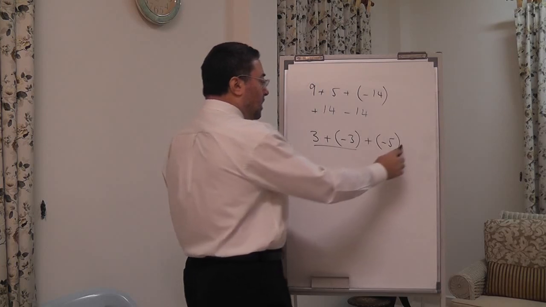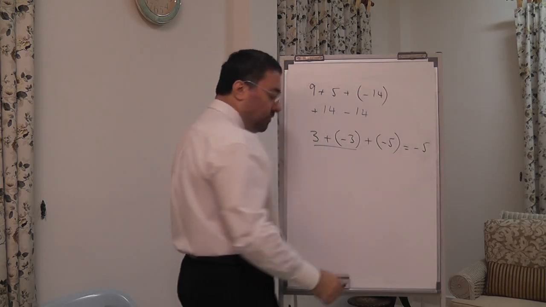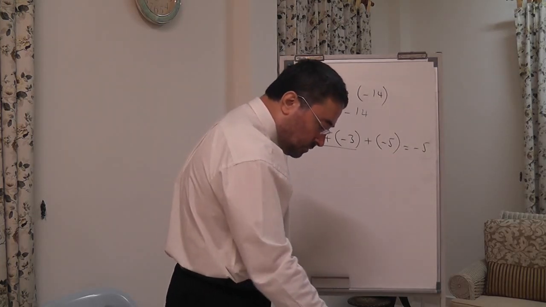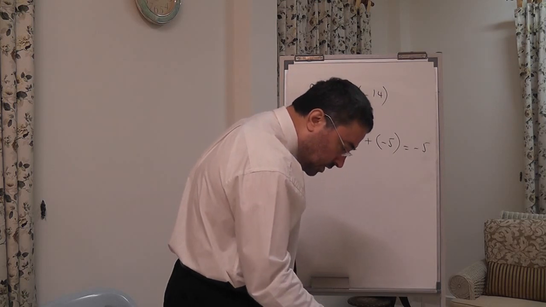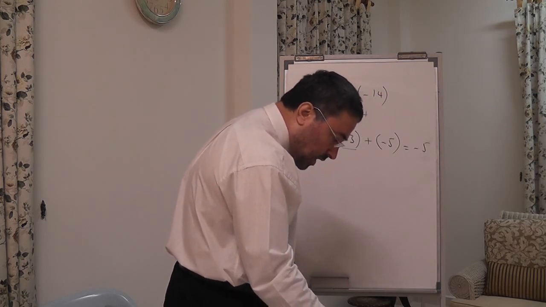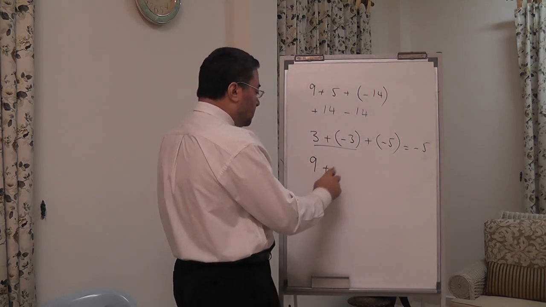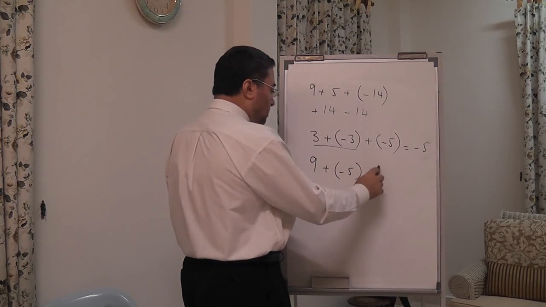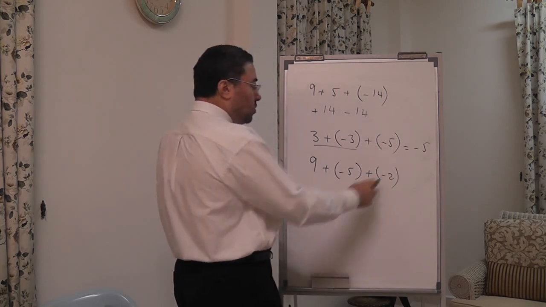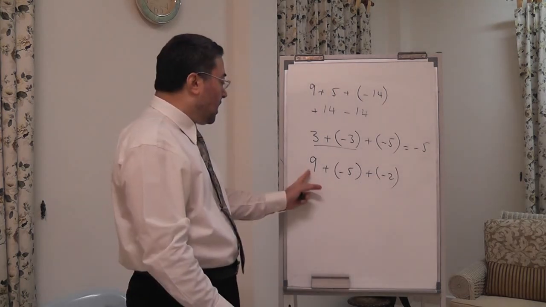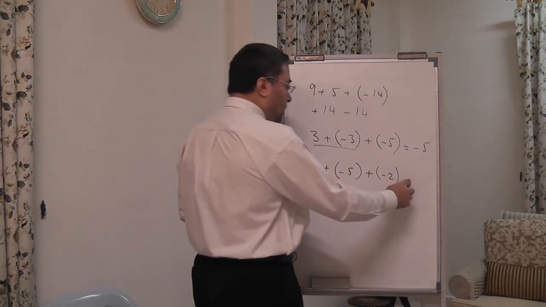These two give us a 0, and the answer is minus 5. Number 24, 9 plus minus 5 plus minus 2. These two are minus 7. 9 minus 7 is 2.